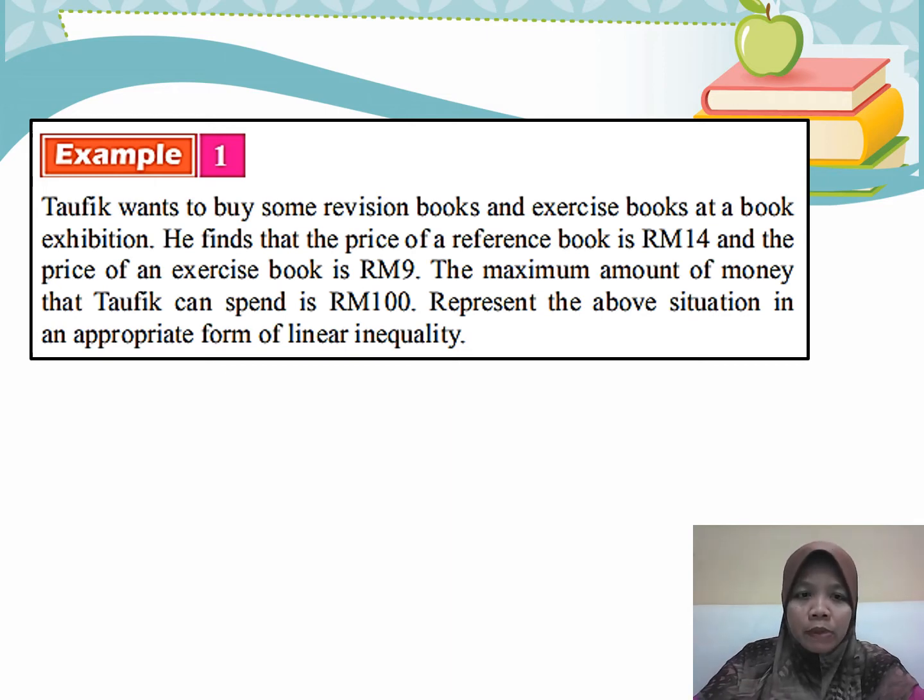Represent the above situation in an appropriate form of linear inequality. So we can write one inequality from the situation, because we know that the price of a reference book is Rm14 and the exercise book is Rm9, and Taufik only can spend Rm100 to buy all the books.